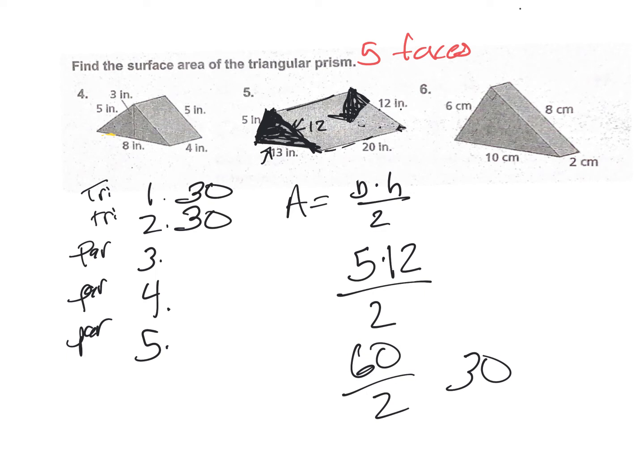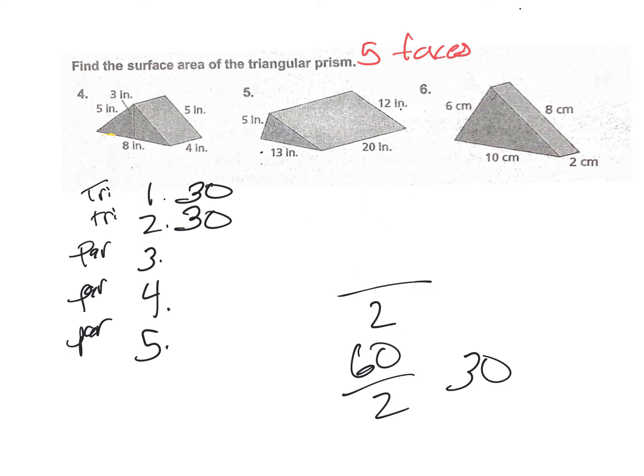Let's do the parallelograms. The parallelograms always seem to be a little easier because it's just the base times the height. So we'll start with this big one right here, the one that we can see fully.